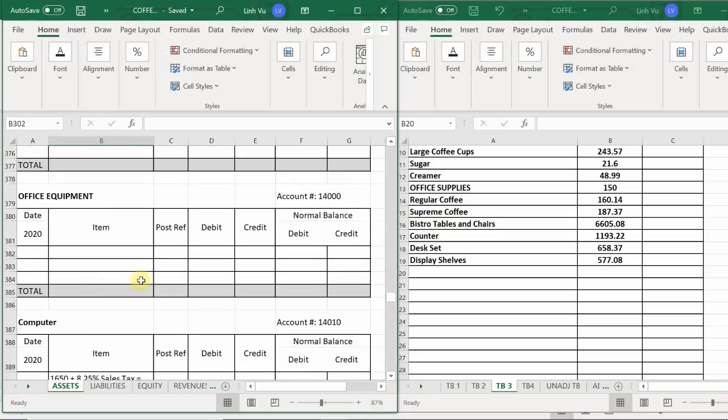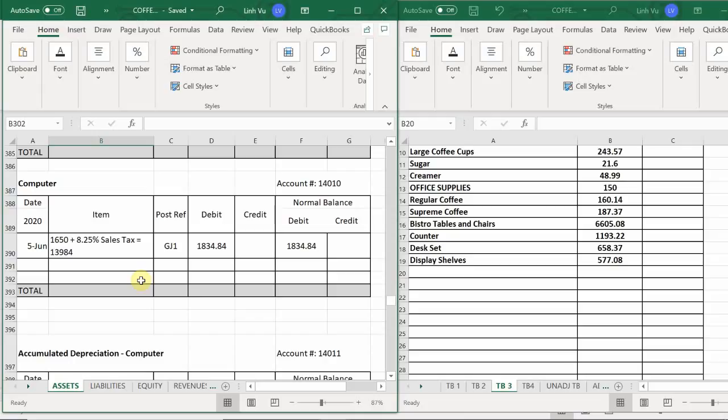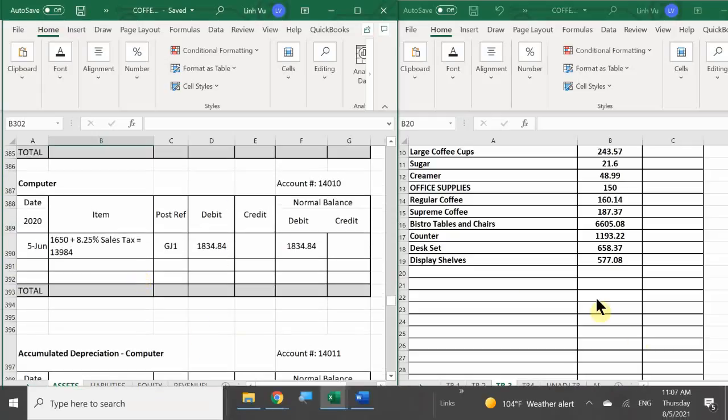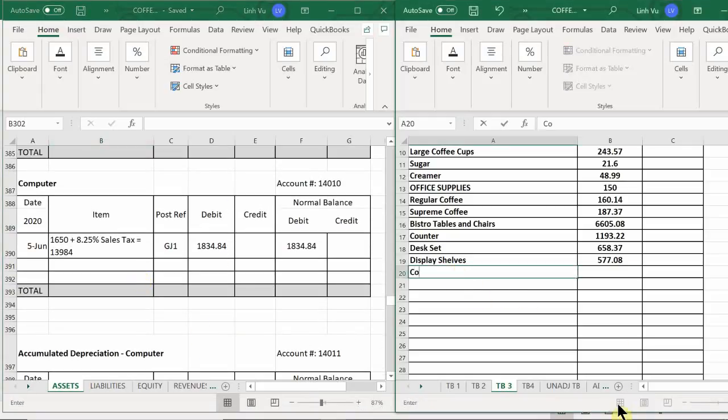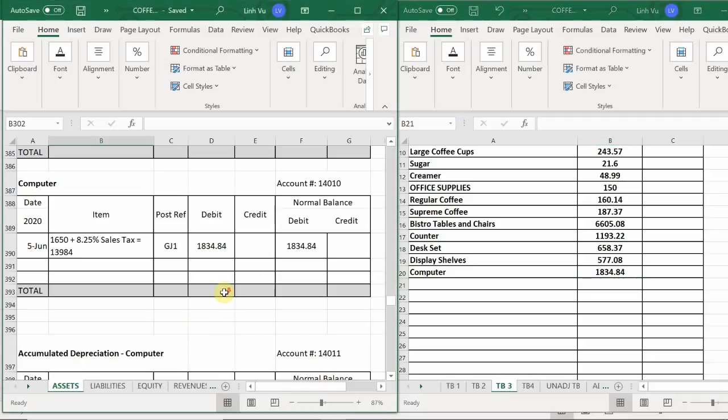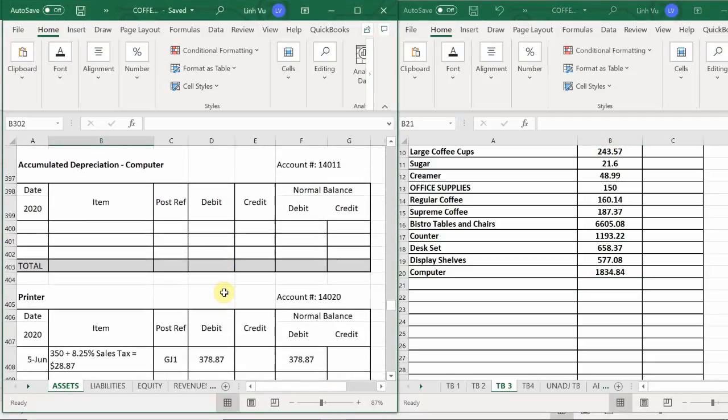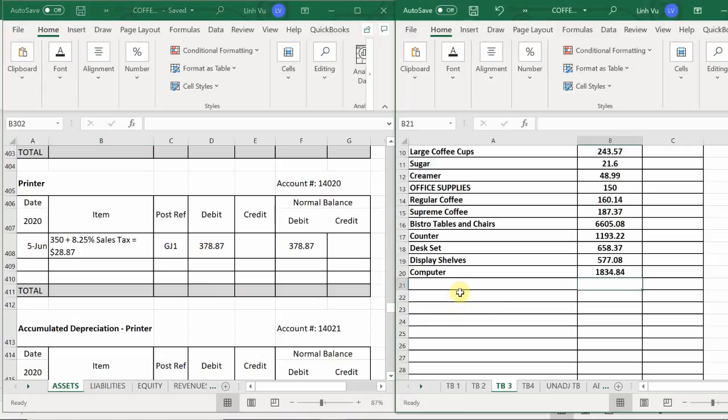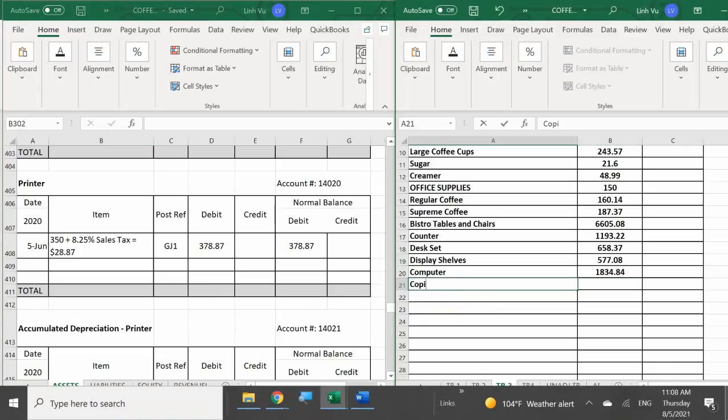Now I have office equipment. First office equipment I have here on the list is my computer. $1834.84. Then we have a copier. $378.87.